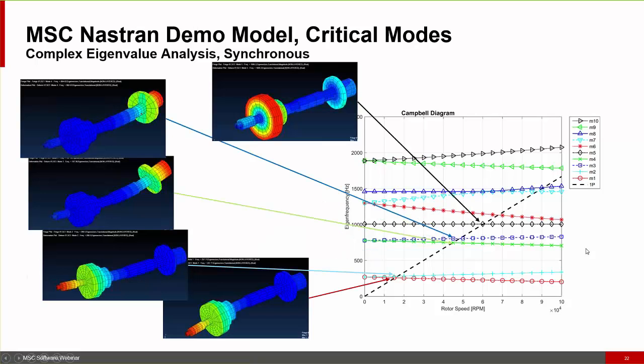Accordingly, you can also visualize the corresponding mode shapes. We recall from earlier the first bending mode, which is this backward whirl mode that we looked at, and then the torsion mode, shown up here, which of course does not have any frequency dependence.